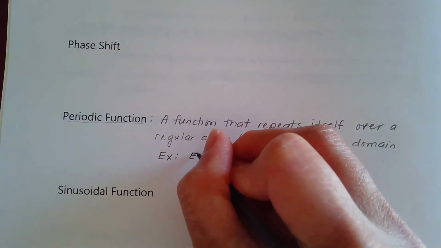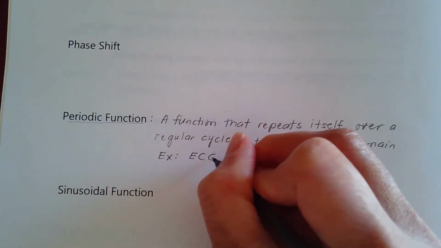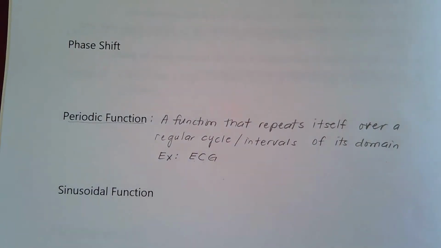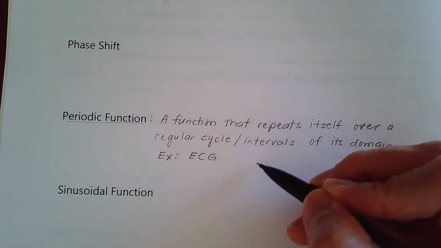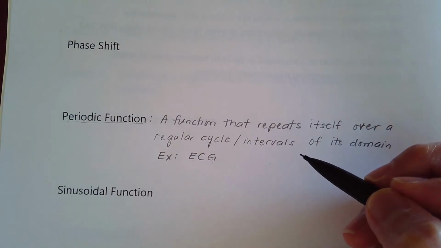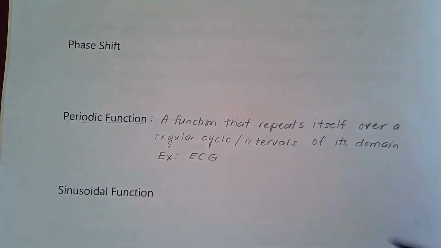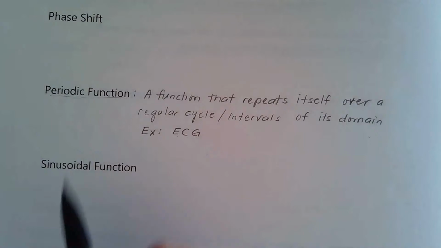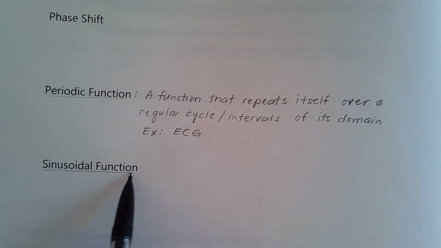You can take a look at the ECG graph, the electrocardiogram graph. It basically repeats over and over again because that's how your heart does its function. It constantly repeats contraction, relaxing. But very specifically, it is a sinusoidal function.